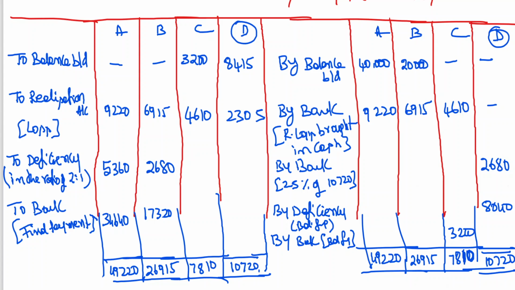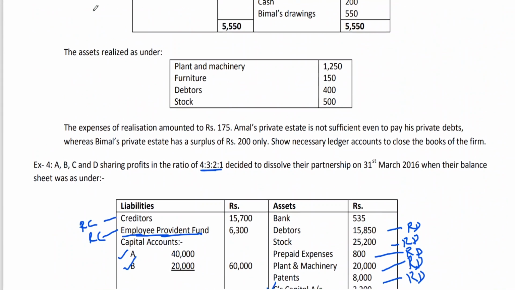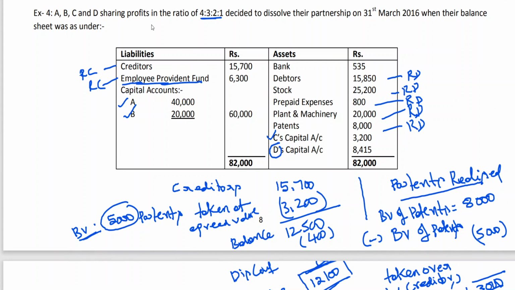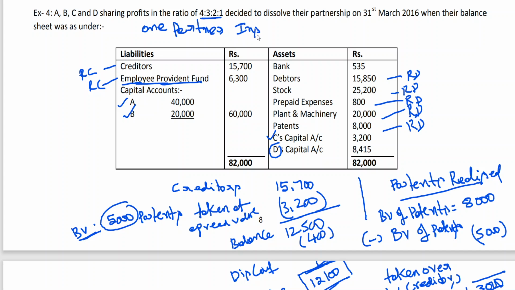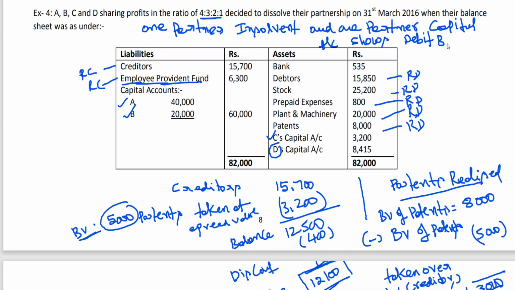I have been giving a caption for each and every problem: one partner insolvent, and one partner's capital account shows debit balance, and dissolution.